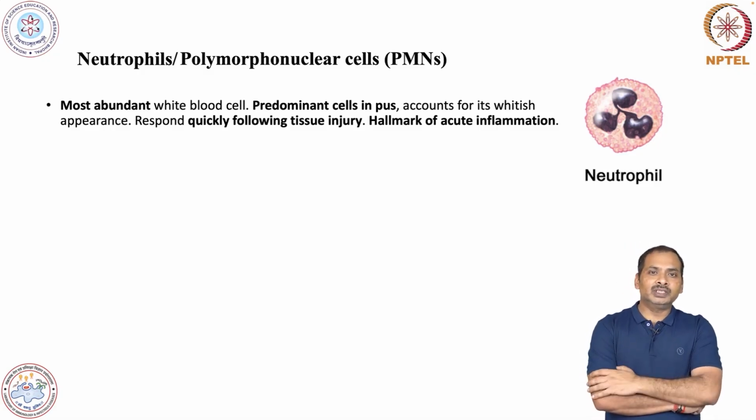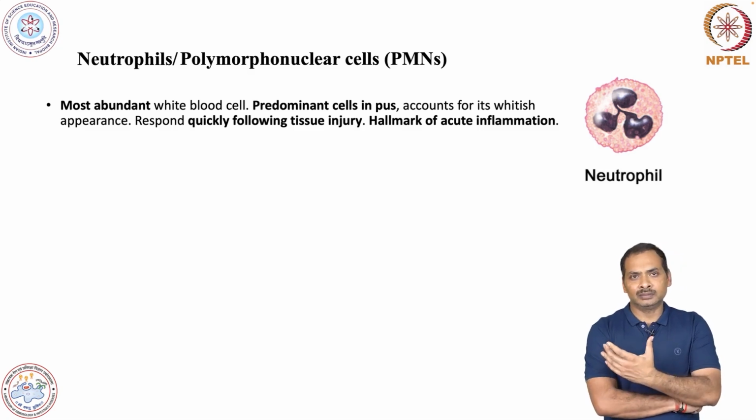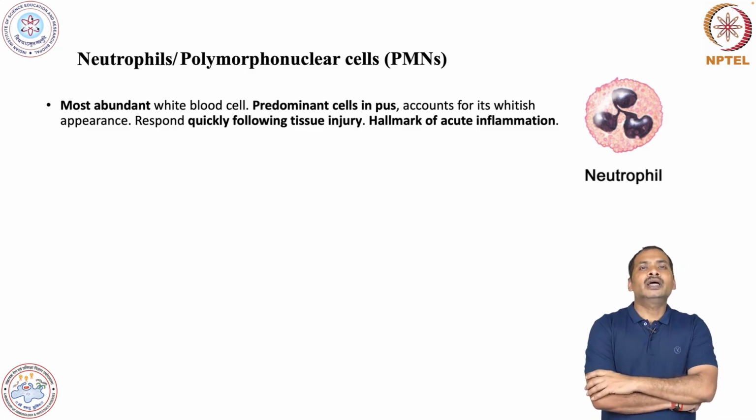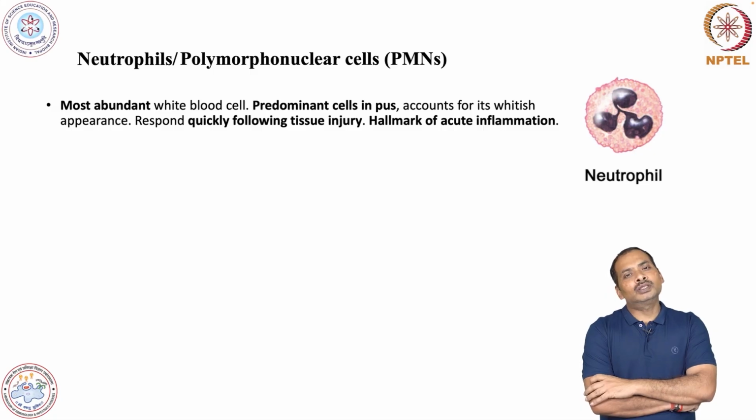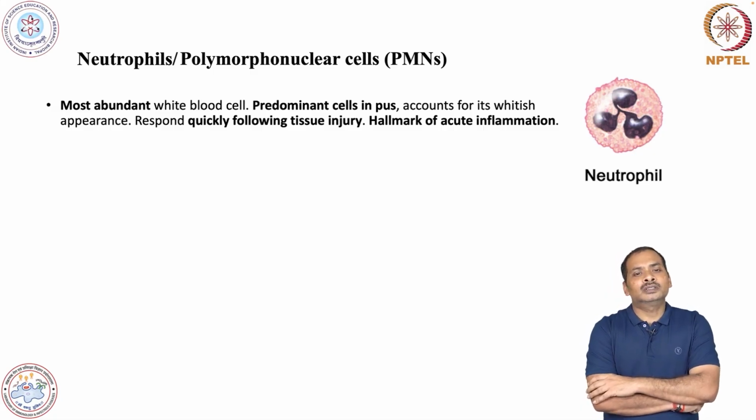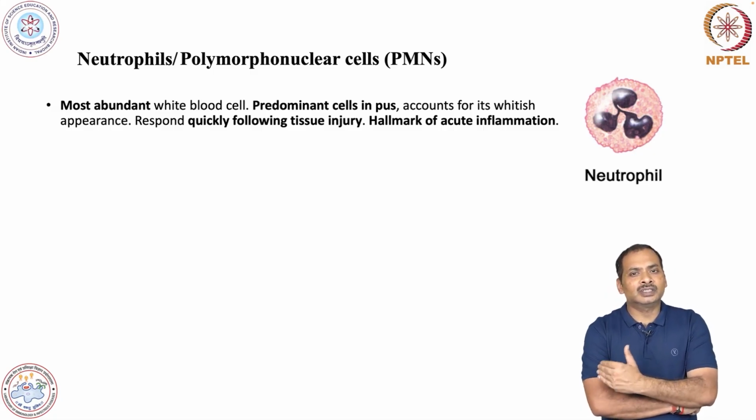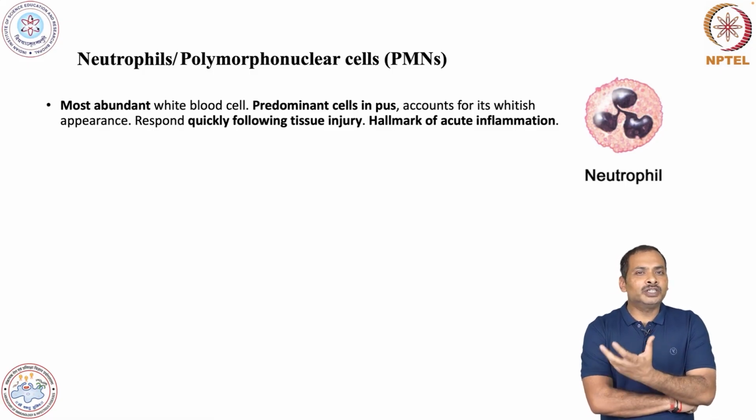They are the most abundant cells in blood, and they play a very important role in defense against any microbes. As I said, they are the first responder, so they are the predominant cell.